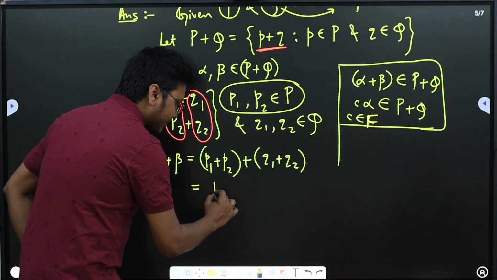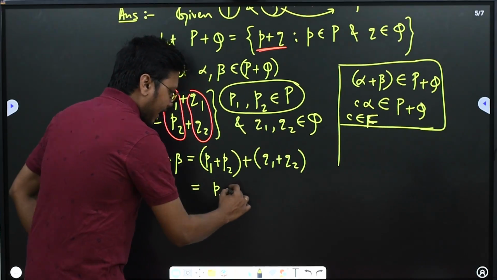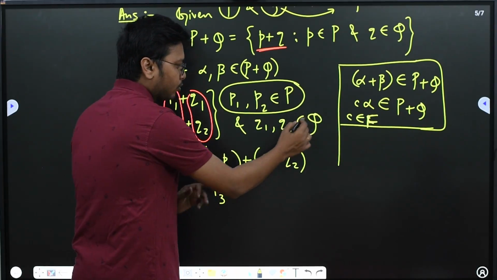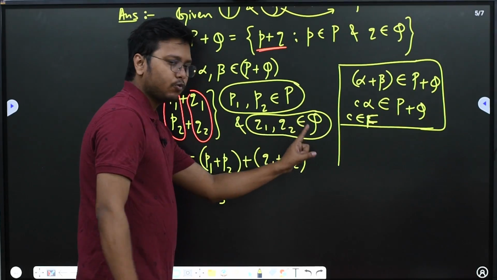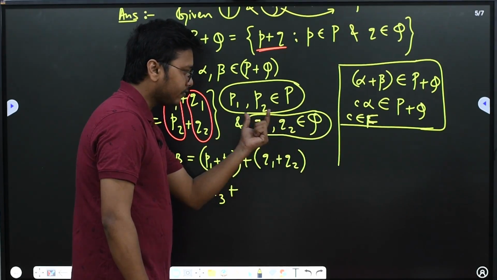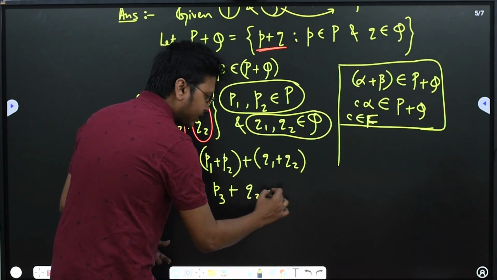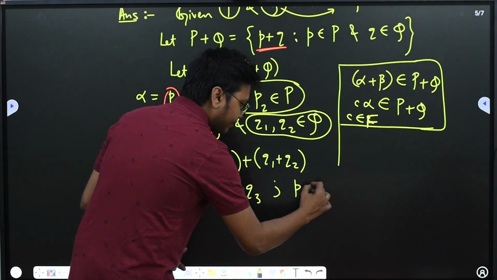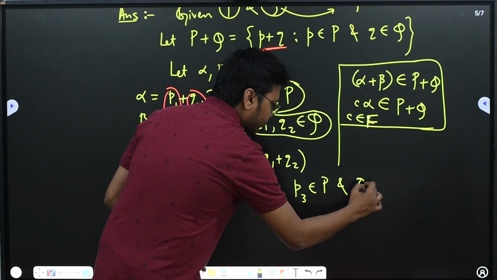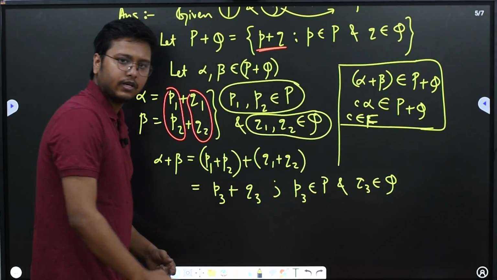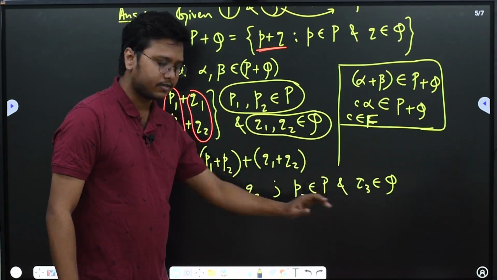I can call this some P3, and Q1 plus Q2, since both are taken from Q and Q is a subspace, will again belong to Q. So it looks like Q3, where P3 belongs to capital P and Q3 belongs to capital Q, because P and Q are subspaces.